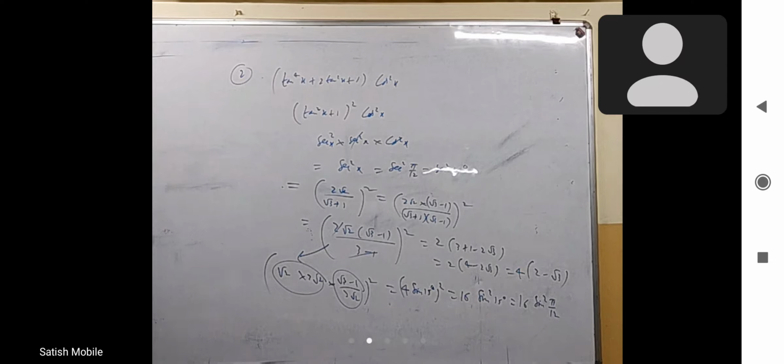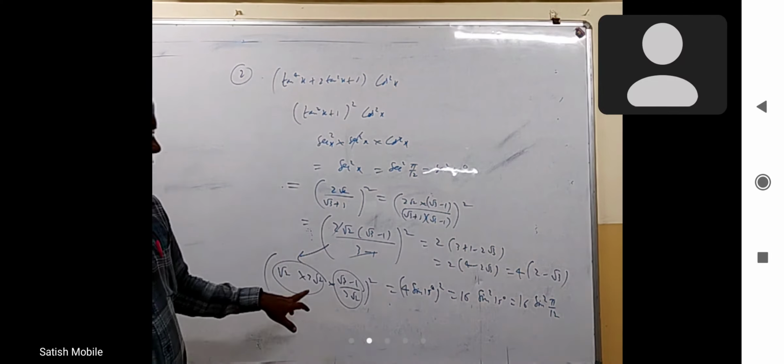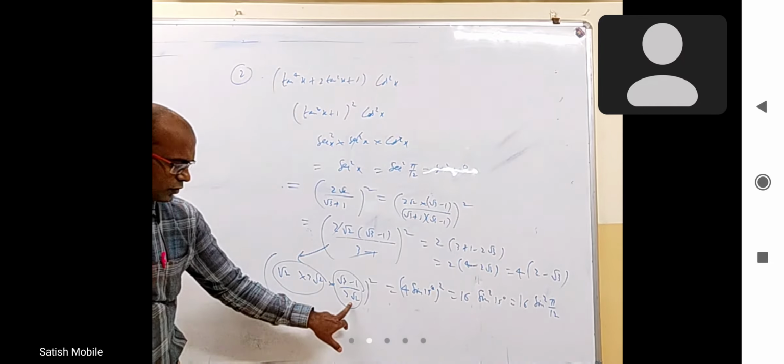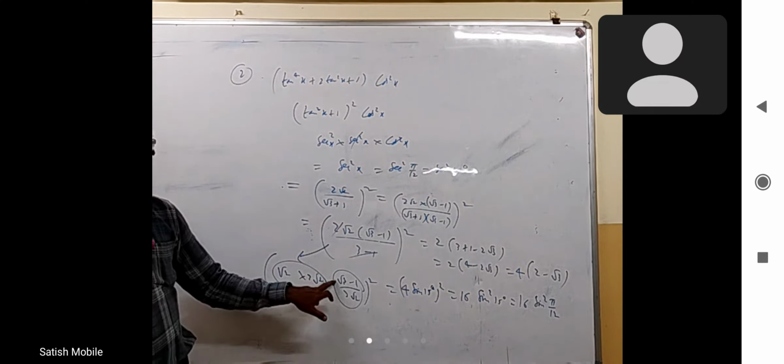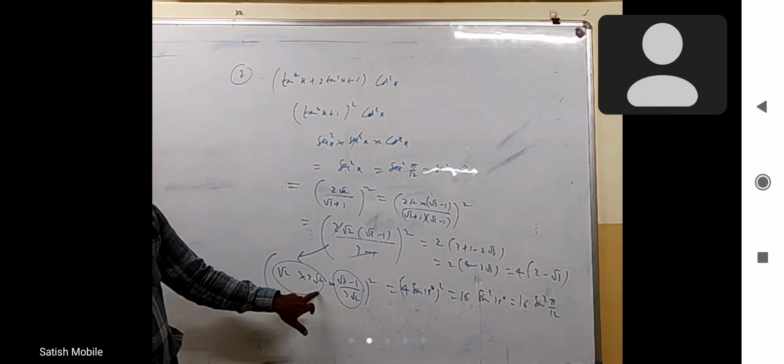Yes, please. Oh, this one. From here to here, I am left with root 2 into root 3 minus 1. I divide with 2 root 2, multiply with 2 root 2. And I know root 3 minus 1 by 2 root 2 is sin 15 degrees. Root 2 into root 2 is 2 and into this 2 is 4.